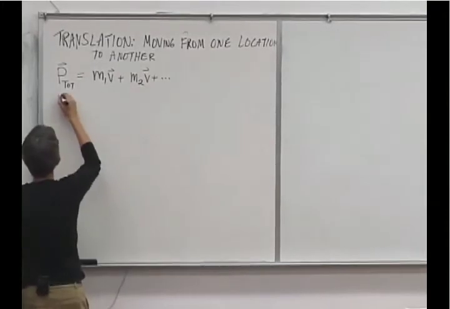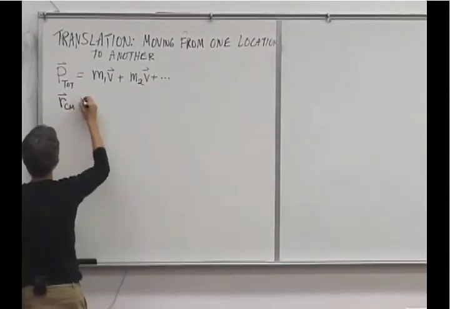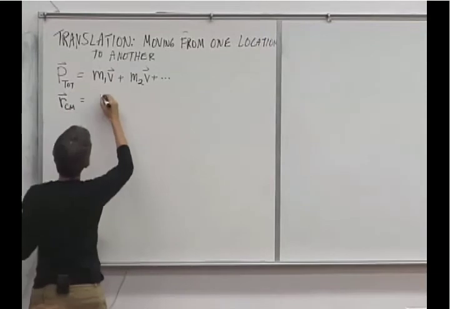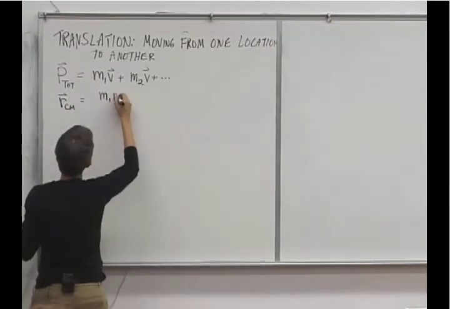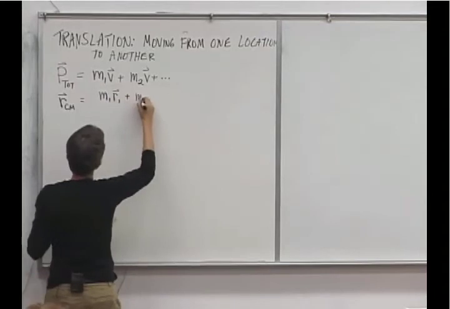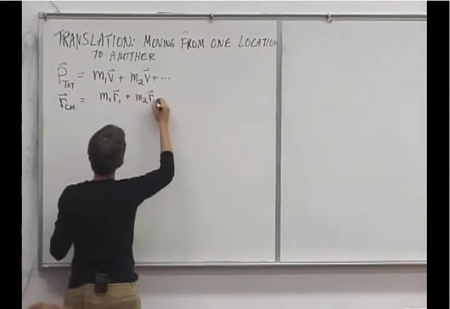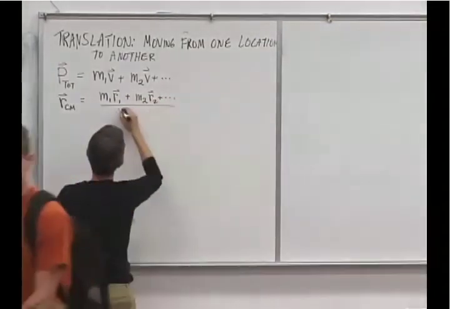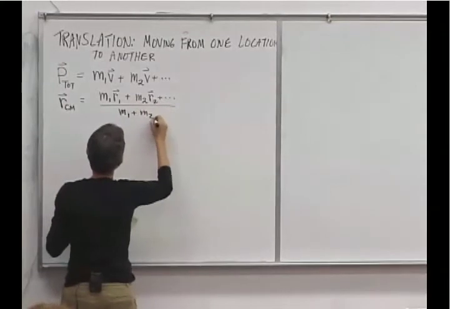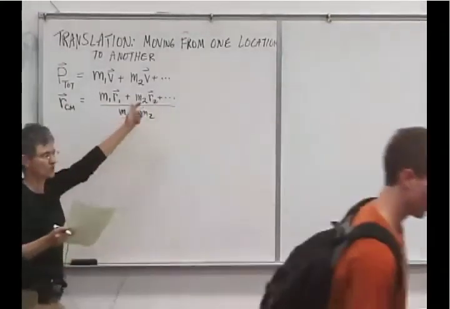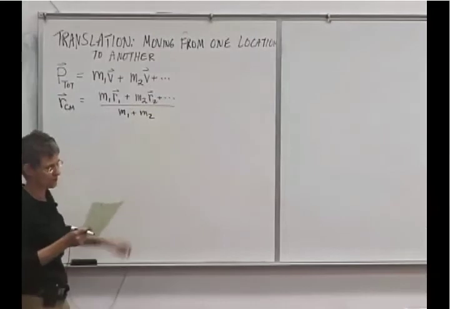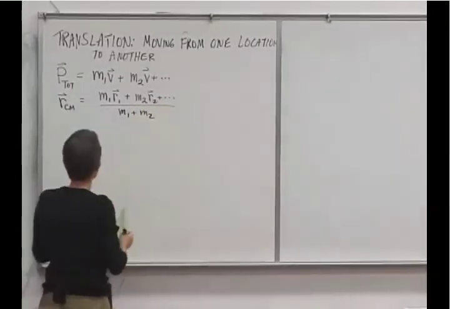The new thing we did was to define the location of the center of mass of an object as a weighted average of the positions of all of the massive objects making up the system. So it's m1 r1 plus m2 r2, over the total mass. Okay, so you should have this in your notes, and it's also in the book.